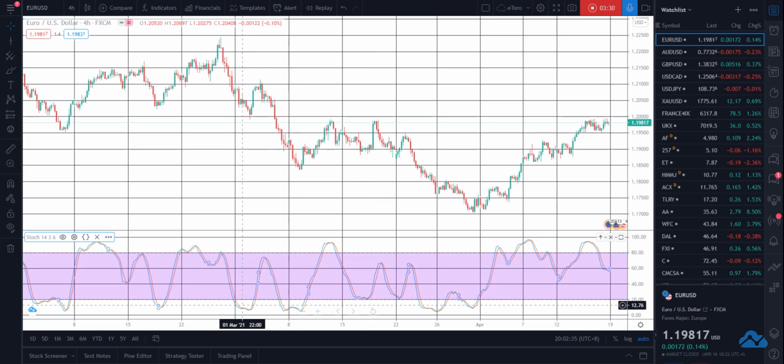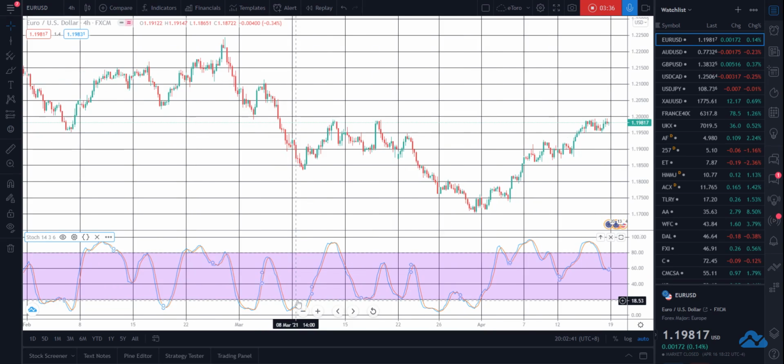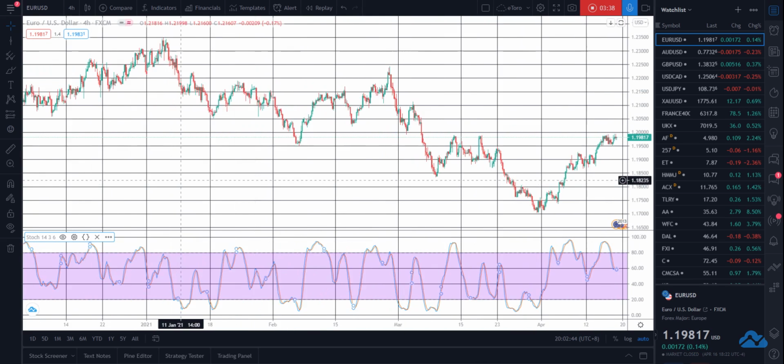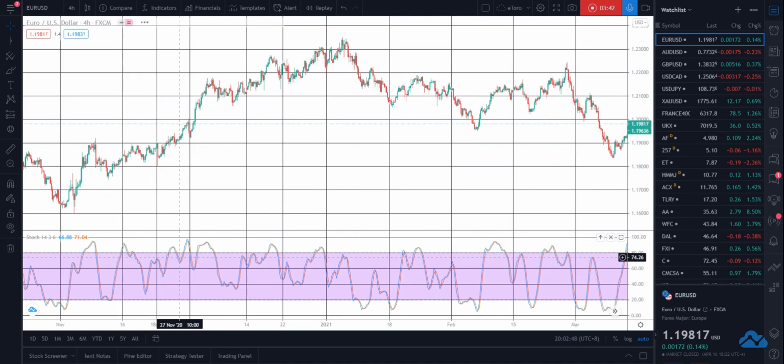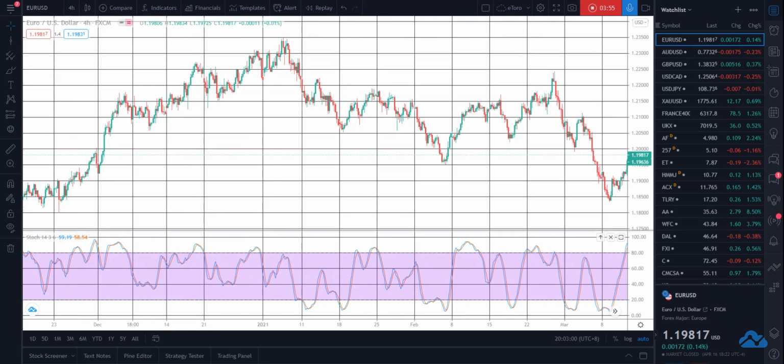Sometimes in a very trendy market, it just keeps going, and it means that the momentum is high for sell. And when we are in a bull market like here, it goes up and we have lots of momentum, and you don't want to just sell thinking that okay, we are in the overbought area.